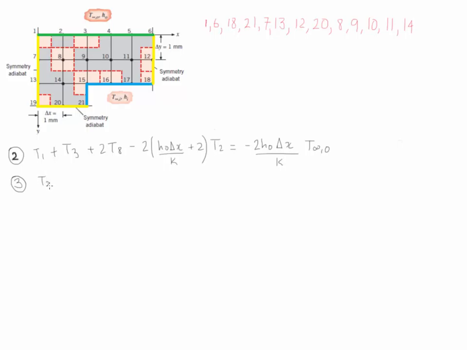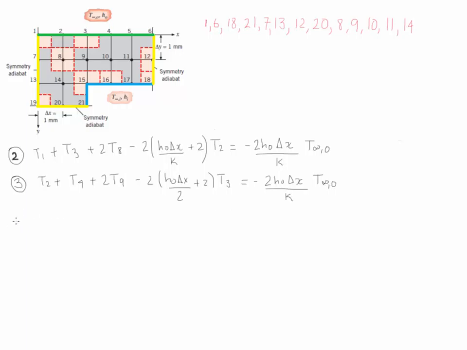So we write 2 T9 minus. The structure over here remains exactly the same. This is T3 minus 2 HO delta X over K T infinity O.